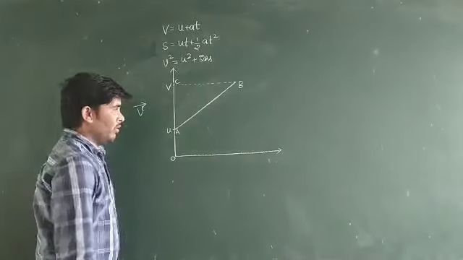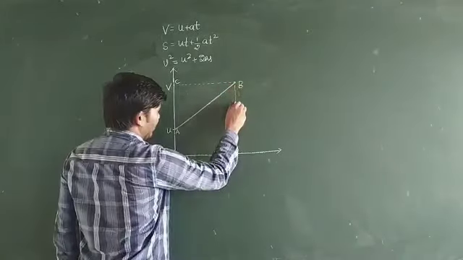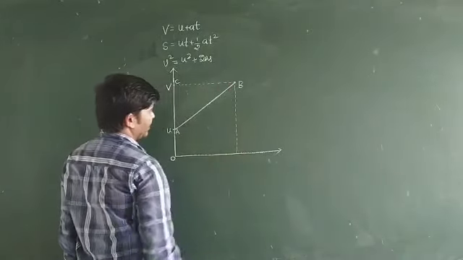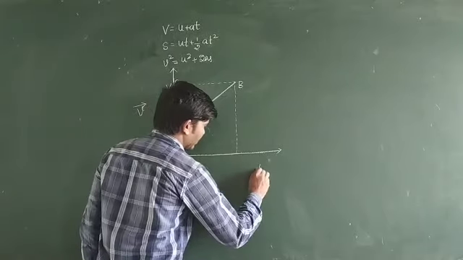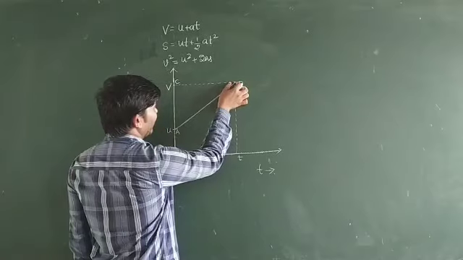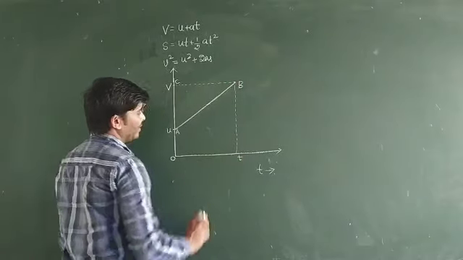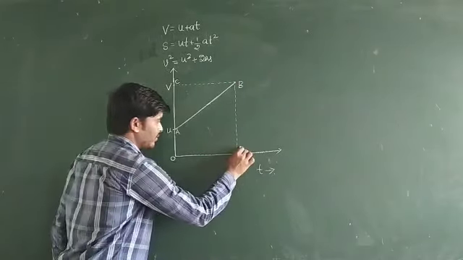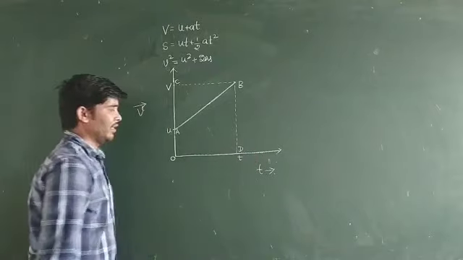Now draw one more perpendicular line to the time axis. The body acquires a final velocity at a certain interval of time t. Now give a name for this as v.